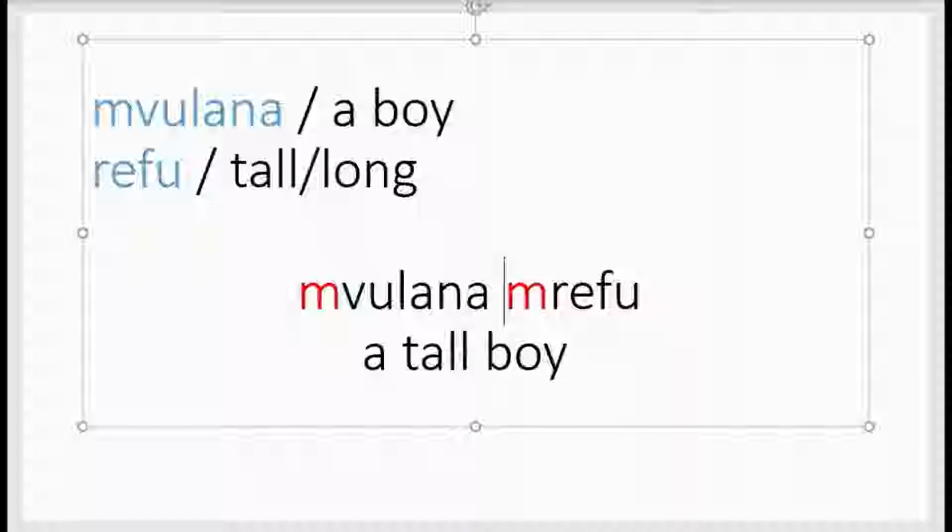You can see here, since the noun starts with the consonant m, then the adjective will also start with the consonant m. So from refu we get mrefu. Mvulana mrefu, a tall boy.